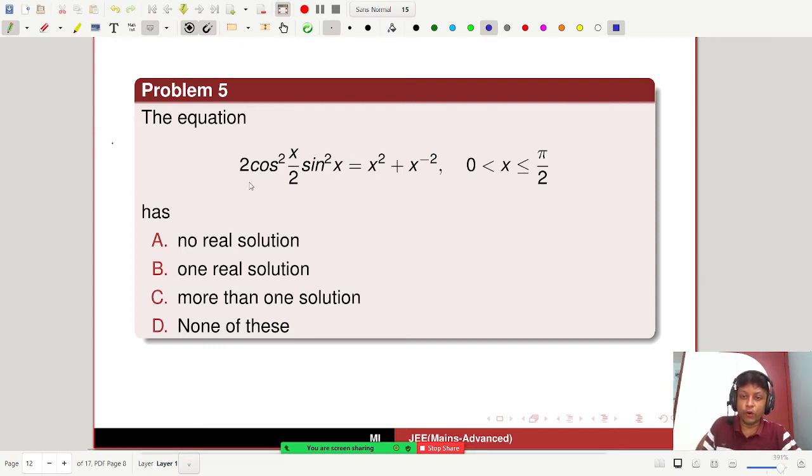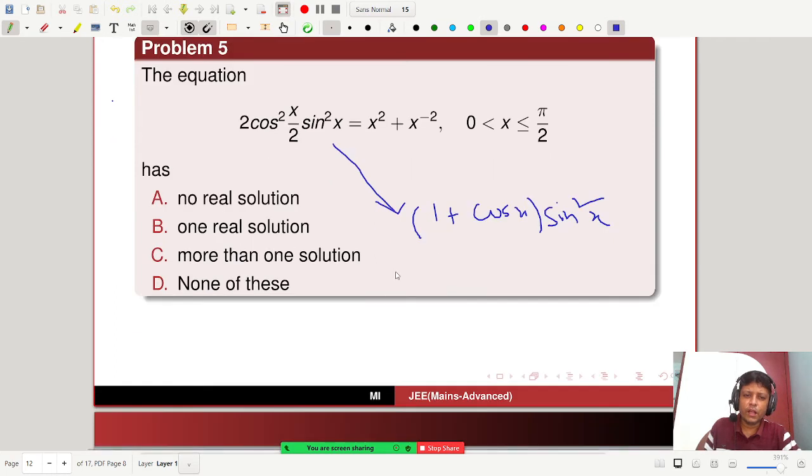Now on the left you have trigonometric, on the right you have algebraic. Let's first simplify the left portion. If you apply the submultiple formula to 2 cos square x by 2, your left will be 1 plus cos x into sine square x. Now, 1 plus cos x is less than 2, right?